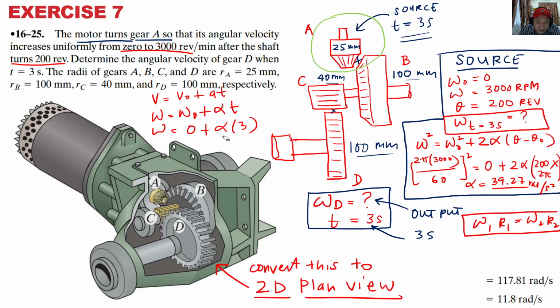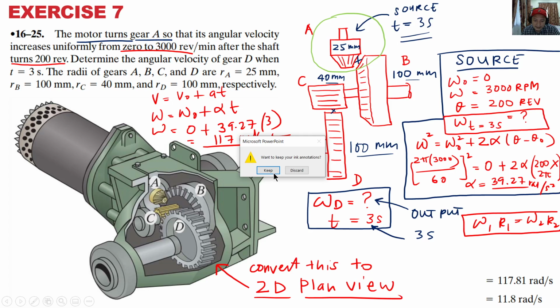So I plug in this one: 39.27 times 3. What is omega? 117 radian per second. So you have to look at this one. How to solve this one? I don't have the space.